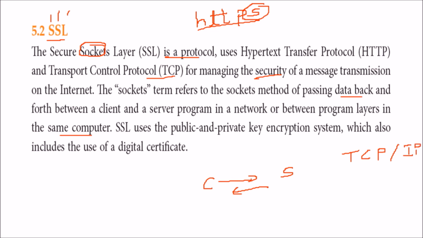The TCP/IP layering scheme has 5 layers, right from the physical layer, network layer, and data link layer. So there are 5 layers in all, and every layer has some activity to do. This SSL uses an encryption system, a public and private key encryption system, which also includes the use of a digital certificate.